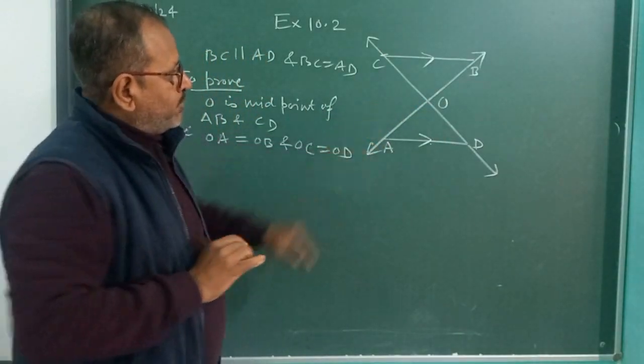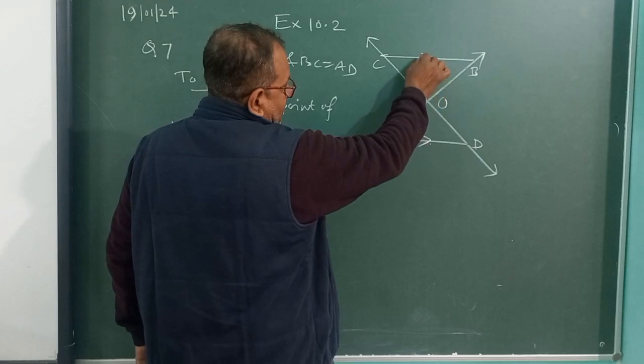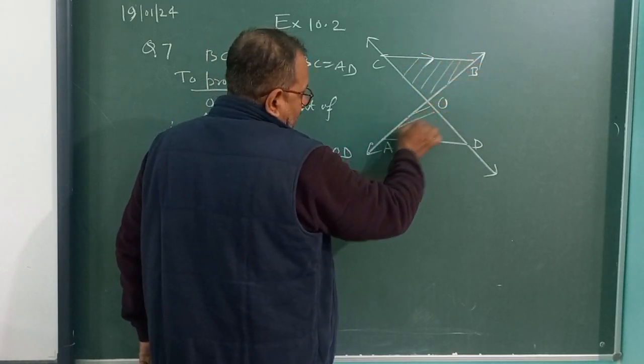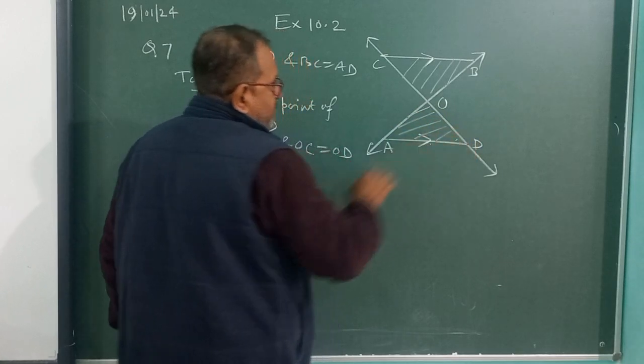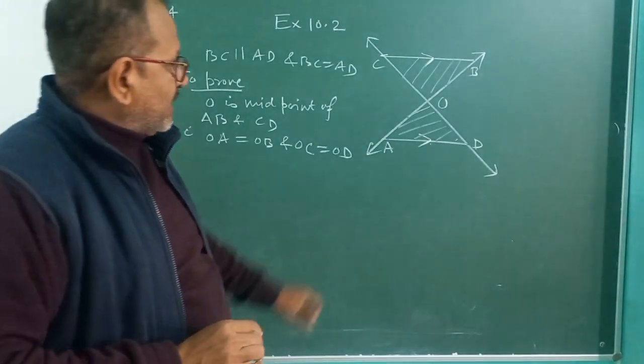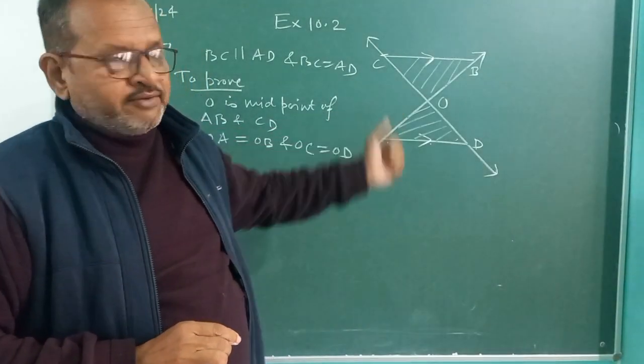So how we will prove? We will prove these two triangles congruent, upper triangle and lower triangle. We have to prove these two triangles congruent, then we can write the corresponding parts equal.